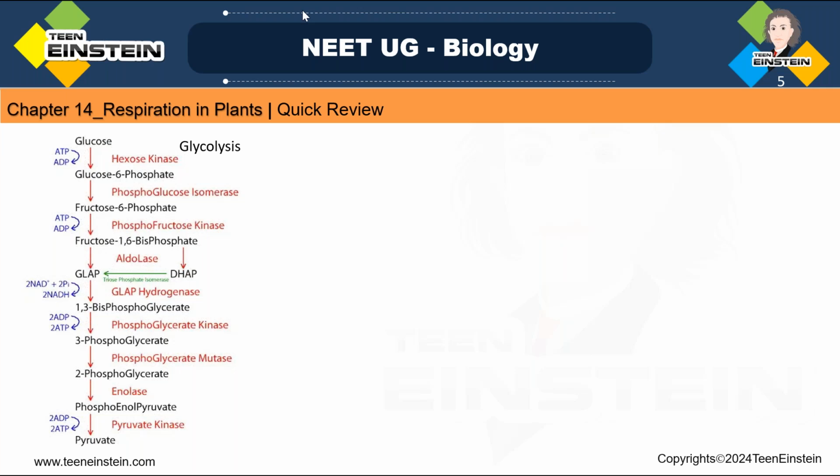While moving like that, one conversion process is taking place. Conversion of the glycolysis product. Which is the glycolysis product? That is pyruvate, right? So pyruvate is getting converted into two molecules of acetyl coenzyme A.